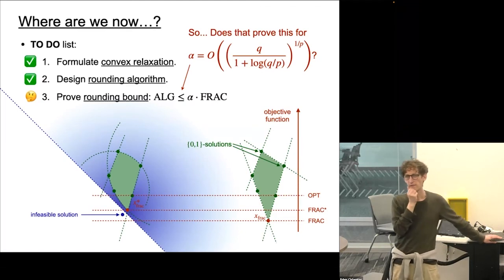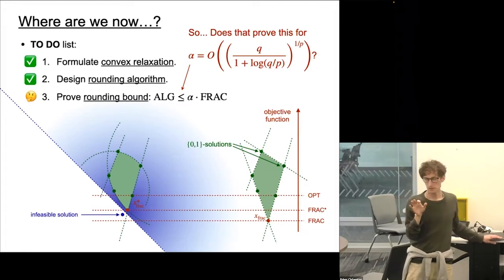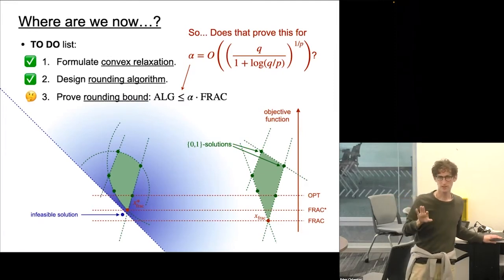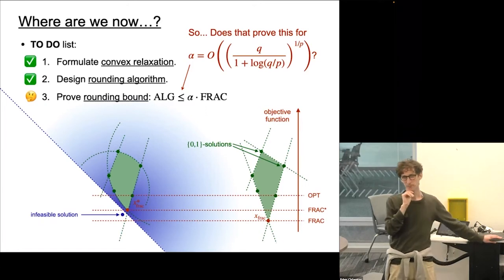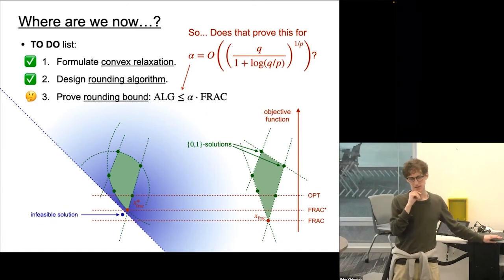Also, when you do the rounding independently, you can't guarantee that the total number of open centers is exactly right. That's true, but that's actually okay, because we're in this simplified setting where you can't really go wrong.